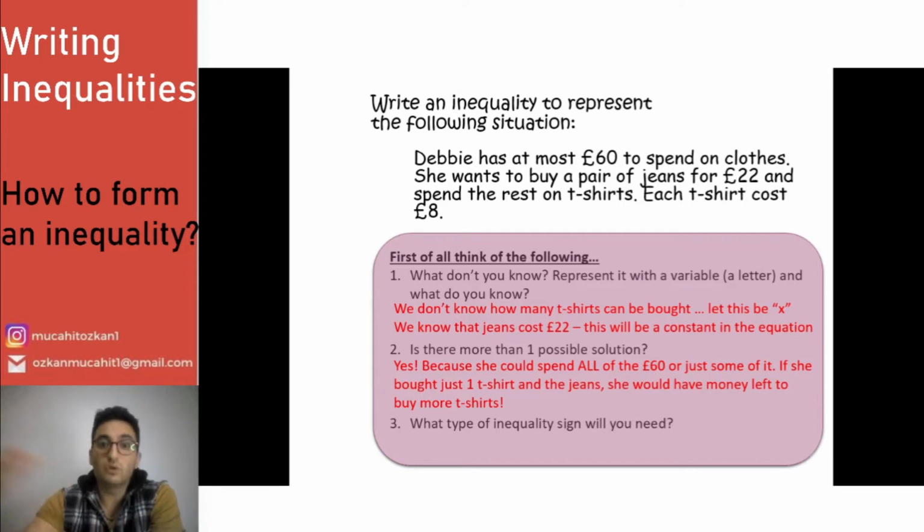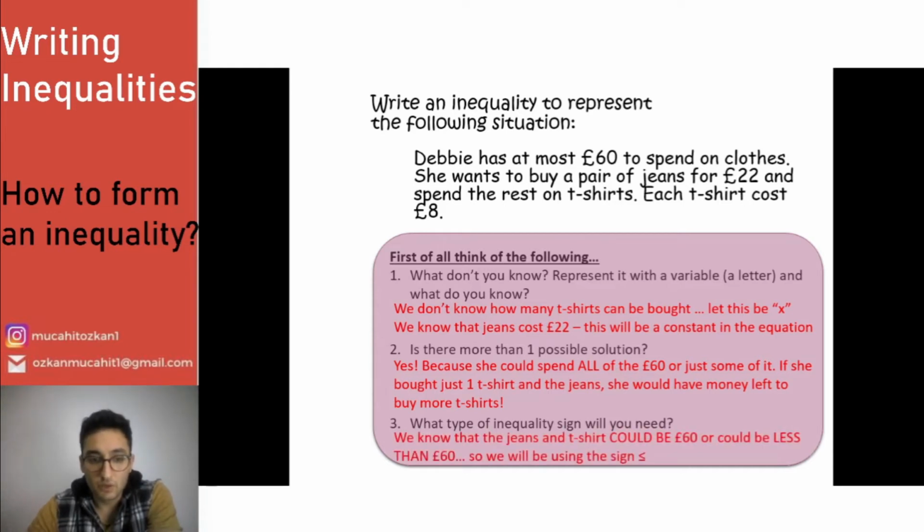But I can spend all of my money. I can spend 60 pounds or less than that, right? So we know that the jeans and t-shirts could be 60 pounds or less than 60 pounds. So we will use the less than or equal to sign. Okay. I know what I need to do now.